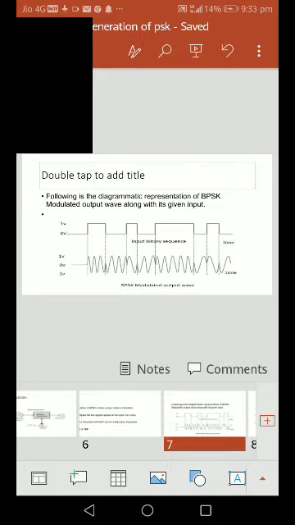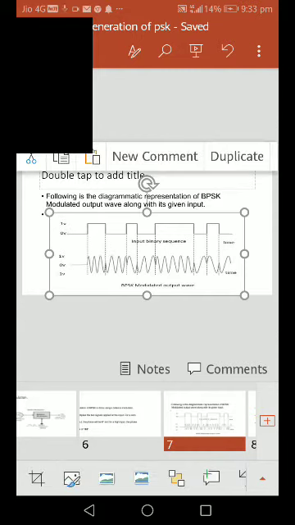As shown in the figure, the 1 bit starts at 0 degrees phase shift. After that, the 0 is shifted by 180 degrees, a phase reversal, and next the 1 bit is transmitted, again at 0 degrees. The next bit is 0, with a 180 degrees phase shift, and again a 1 bit is transmitted with 0 phase shift.